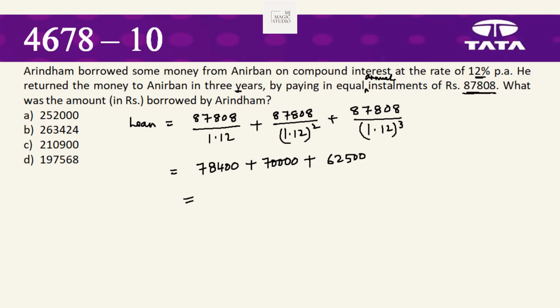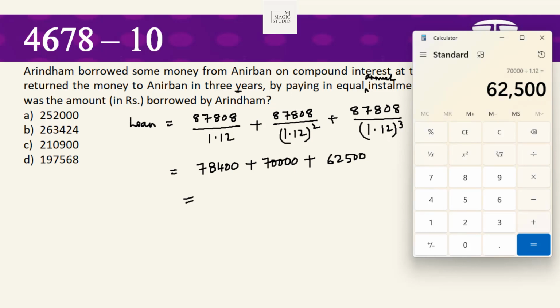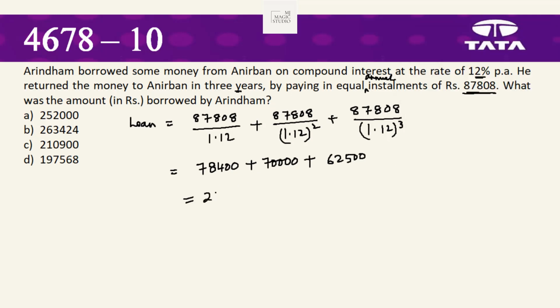Add up, this is your loan amount. 62,500 plus 70,000 plus 78,400 is 210,900 rupees. 210,900 is the loan amount. Option C fits in. Practice like this.